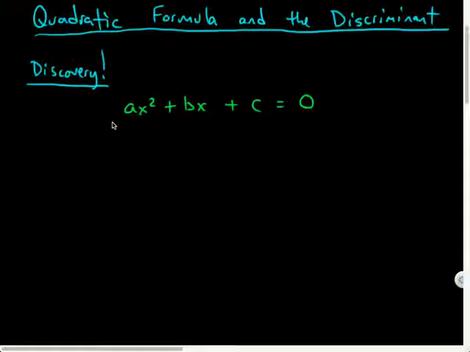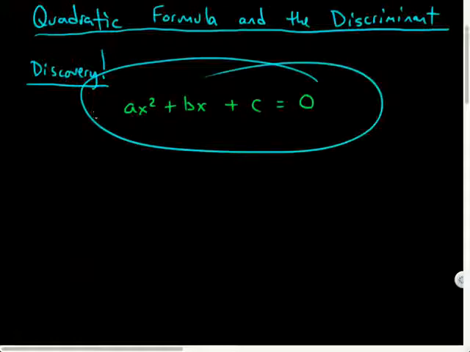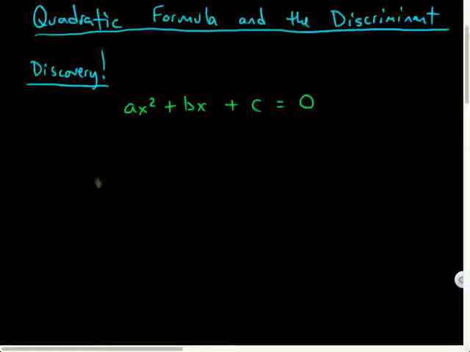Yeah, just the title. Here's a generic quadratic equation, and we know that we can write any quadratic this way with different values a, b, and c. What if I solved this using completing the square? What if I did that?